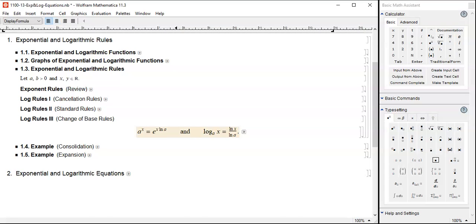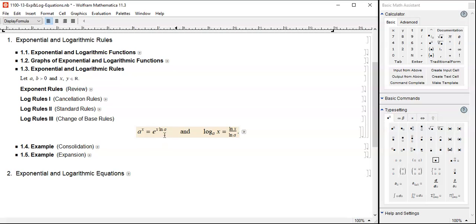Now, change of base rules. These are important for computation. If you have, say, pi to the 7th power, that's not too bad. Any integer power is just repeated multiplication. But what about pi to the square root of 2 power, for example? How are you going to do that?